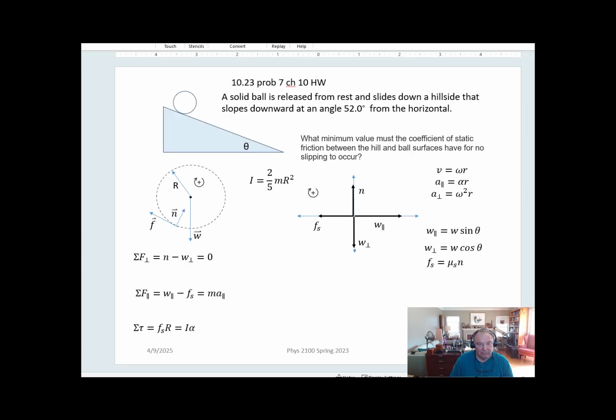So here's a problem from the homework, question 10.23, which is Chapter 10, homework number 7. We're going to learn about a distributed free body diagram.